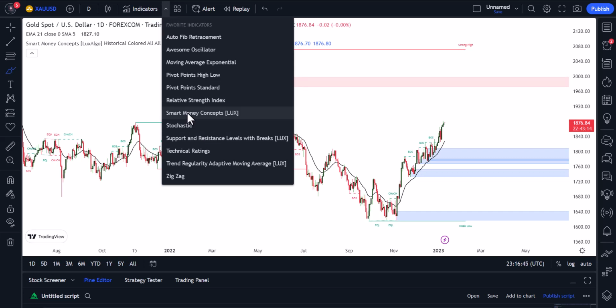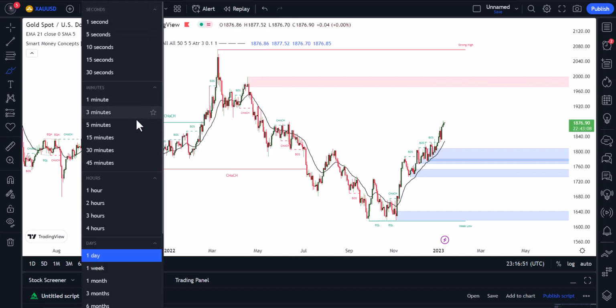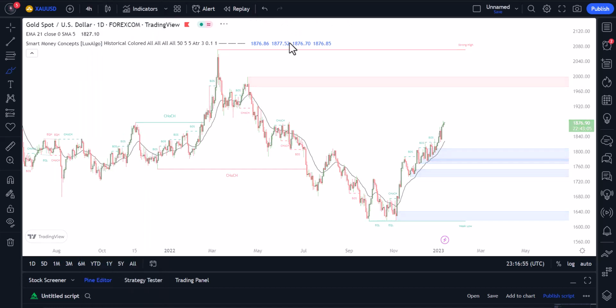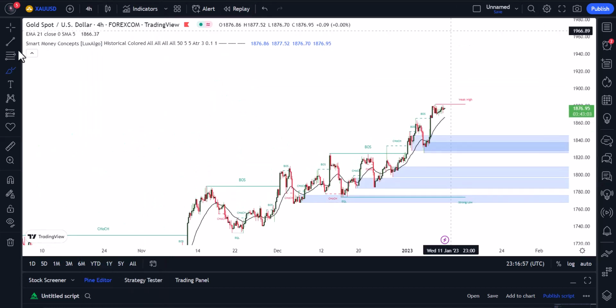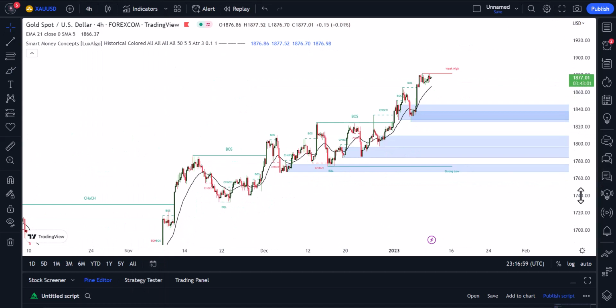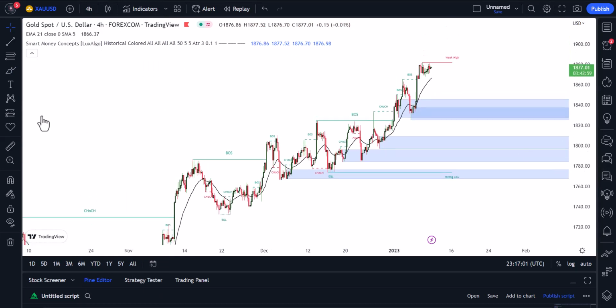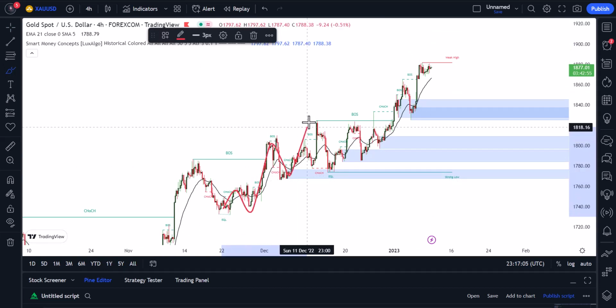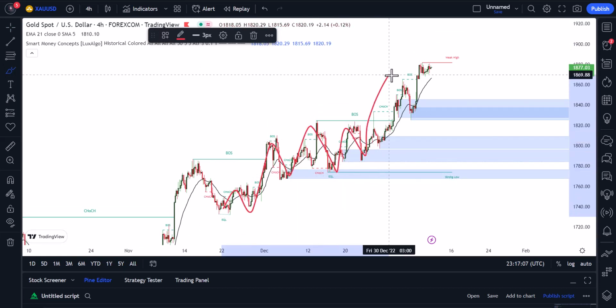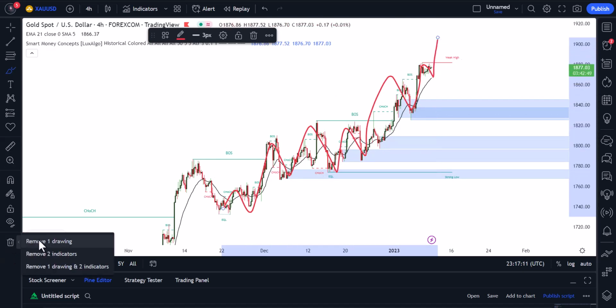I have discussed it many times before, and now let's head toward the shorter time frames. Here we have the higher highs and the higher lows, and it is continuously following the trend.